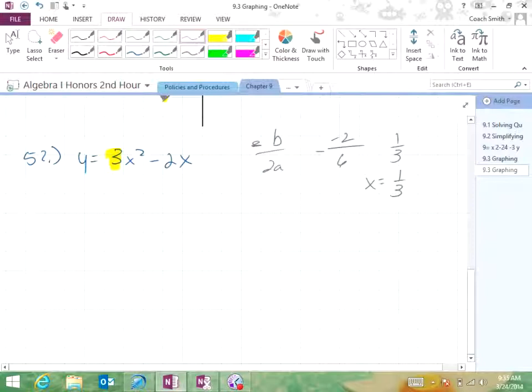So now I have to plug that back in. Y is equal to 3 times 1/3 squared minus 2 times 1/3. Okay, so y is equal to 3 over 1 times 1 over 9 minus 2 over 1 times 1 over 3.